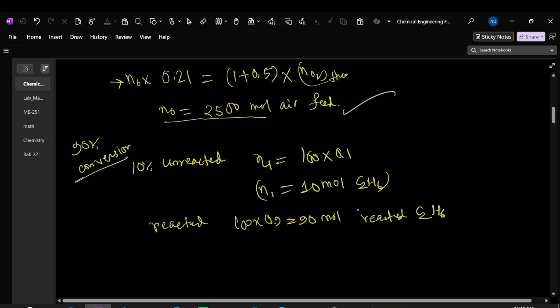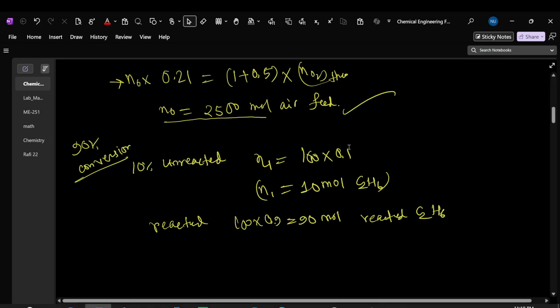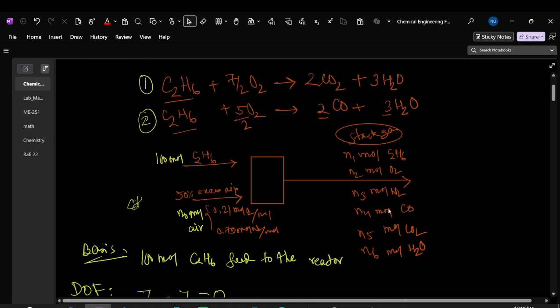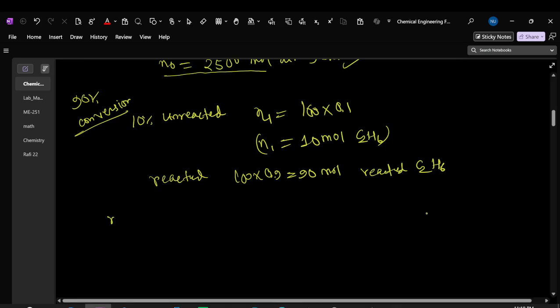Here another piece of information is given: 25% of the ethane reacted to form carbon monoxide. Our carbon monoxide mole is N4. Ethane is reacted 90%, and 25% of 90%, that means 0.25 into 90 mole of C2H6 reacted to form carbon monoxide.